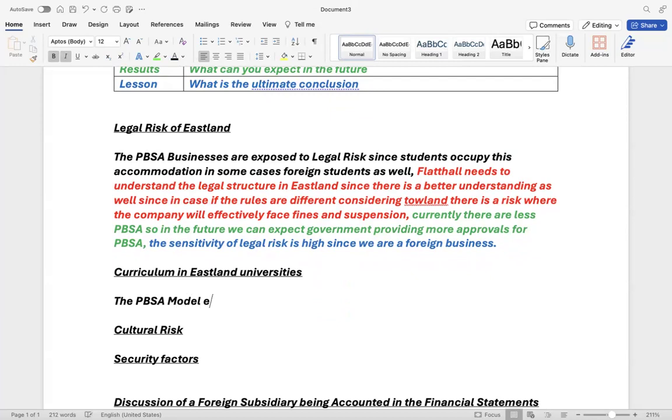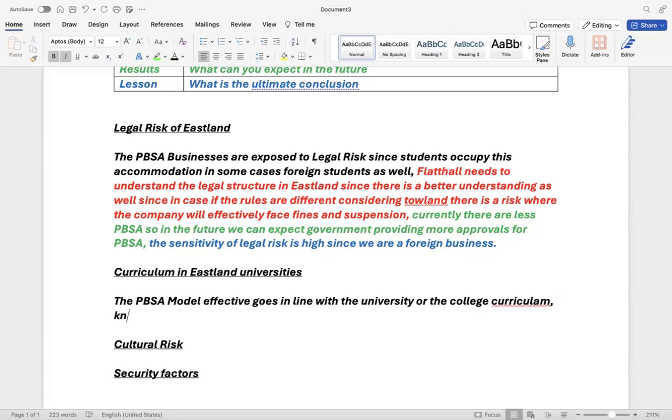The PBSA model effectively goes in line with the university or the college curriculum. In that case, the companies need to have a good understanding with the business.